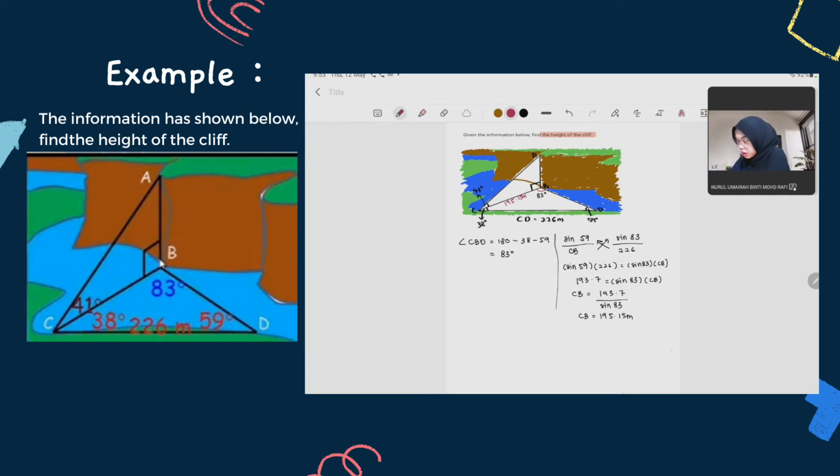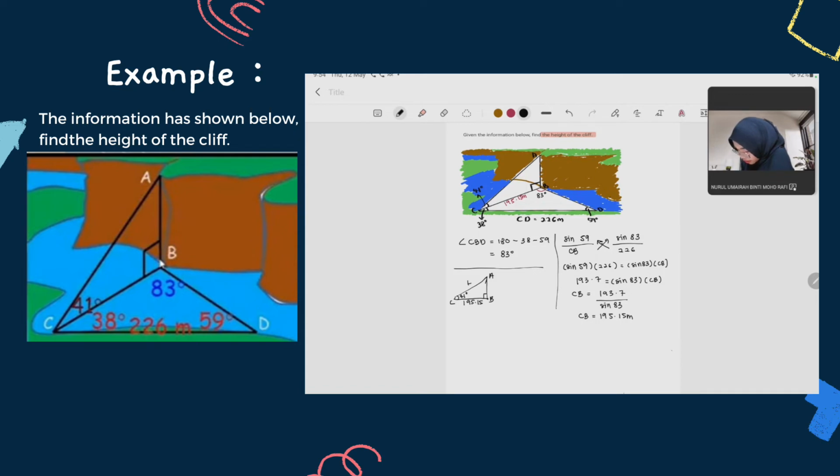The question is we need to find the height of the cliff. So the height of the cliff is AB. Here the angle at C is 41 degrees and CB is 195.15.